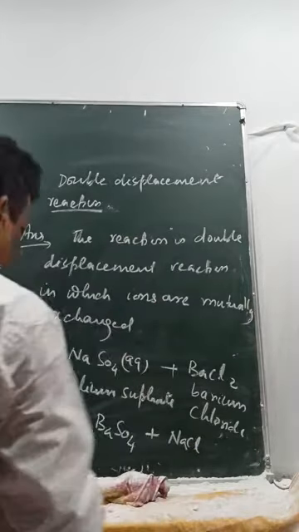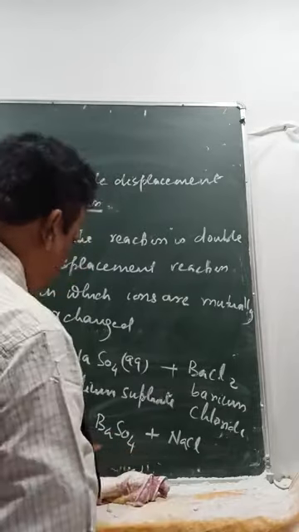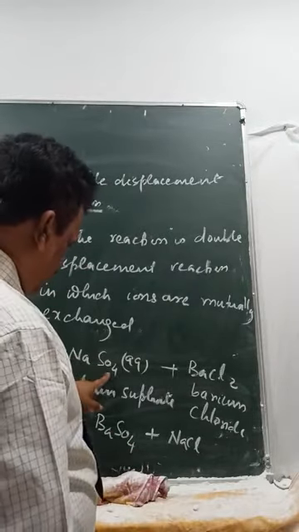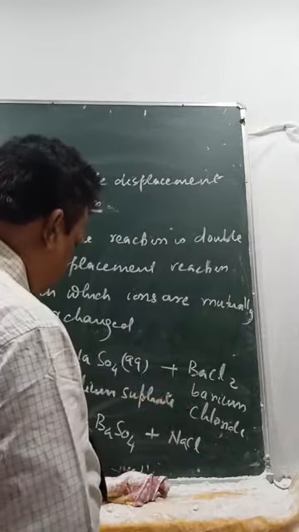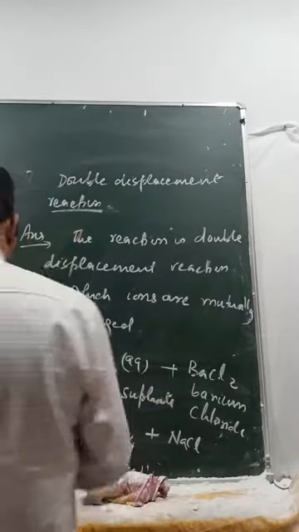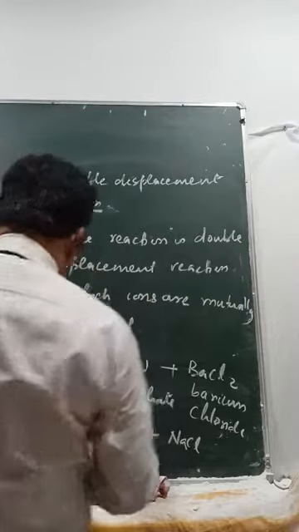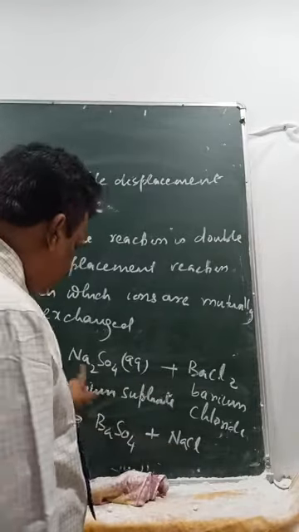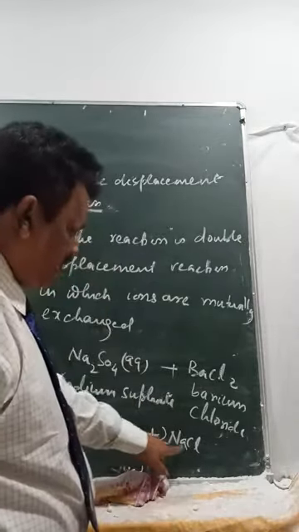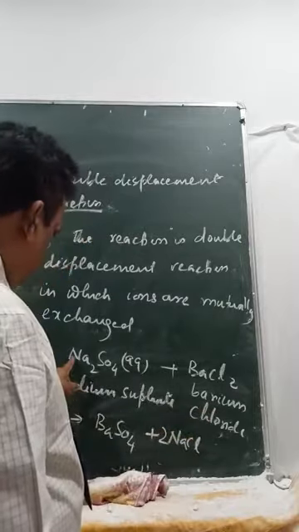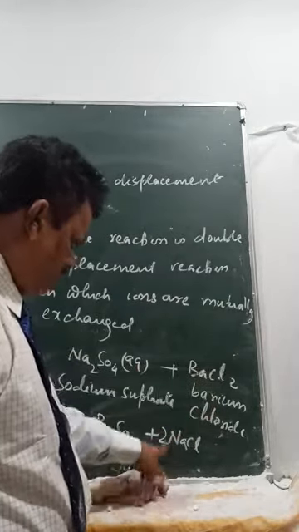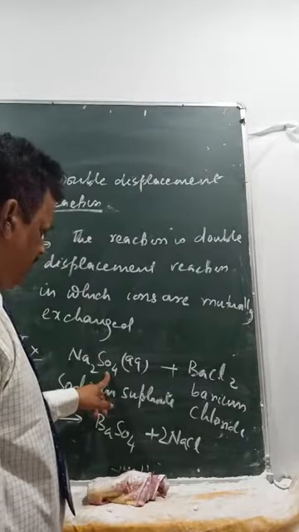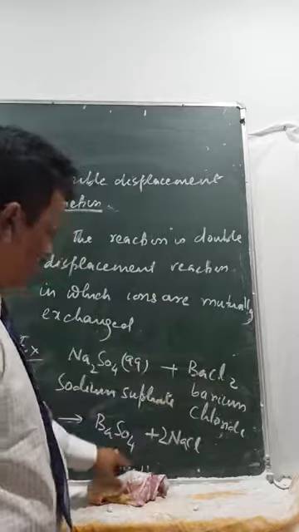Okay. So you can check whether it is balanced or not. One sulfate is balanced, barium is balanced. Then actually it is Na2SO4, so sodium is not balanced. 2 sodium, 2 chlorine, 2 sodium, 2 chlorine. Okay, so now sulfate is exchanged with chlorine. So what do you see here?